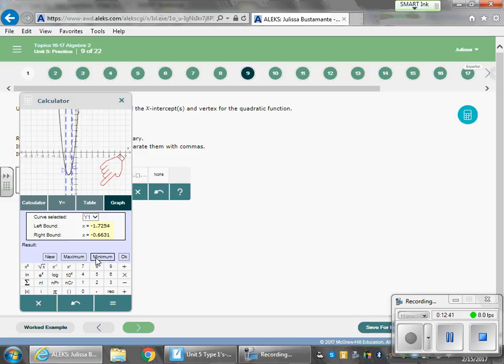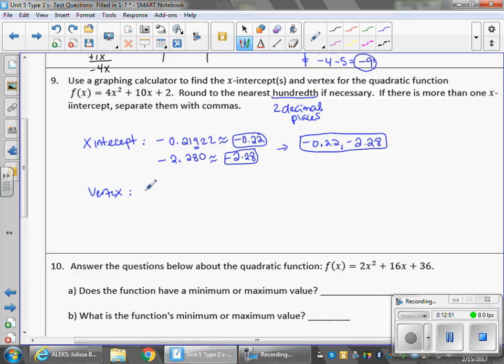I might have clicked maximum before. Maybe that's what happened. But click minimum, and there it is. -1.25 and -4.25. And that's it for number 9. The graphing calculator does all of the work.